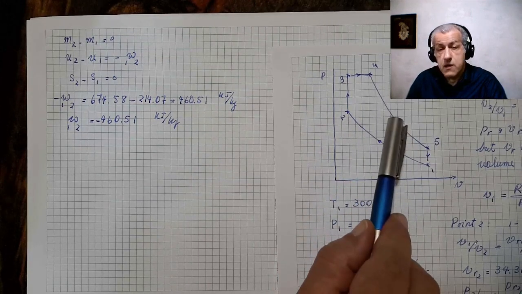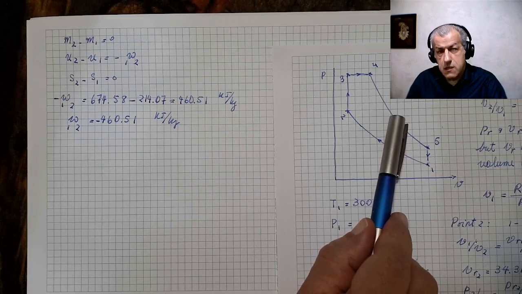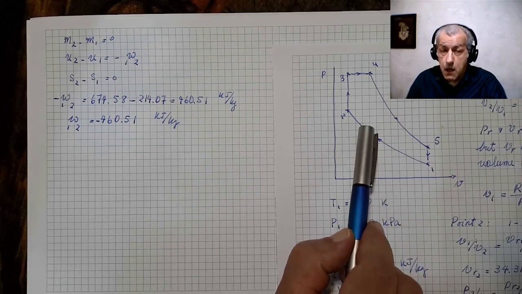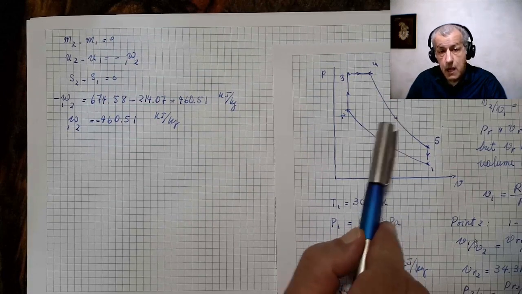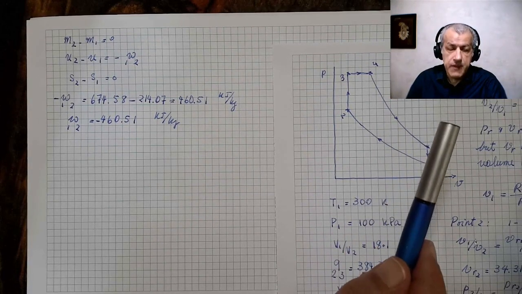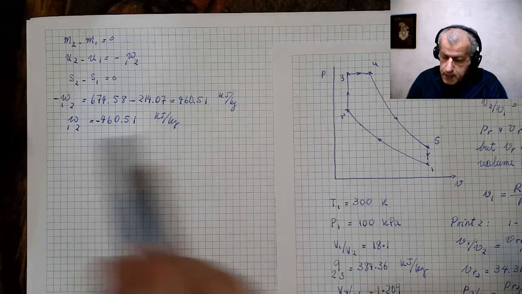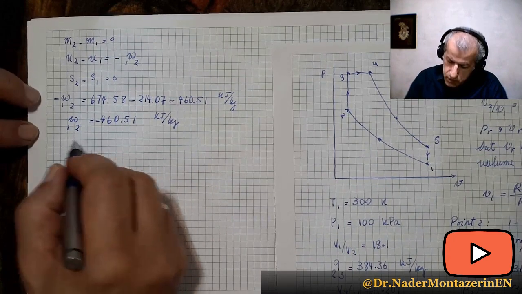And the work gained from expansion of the hot medium is larger than the work already done for compressing, and the outcome would be some positive work. That's what we will do. Now, let's move to point 3.